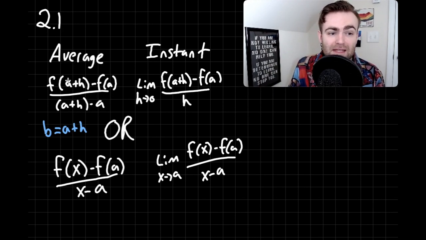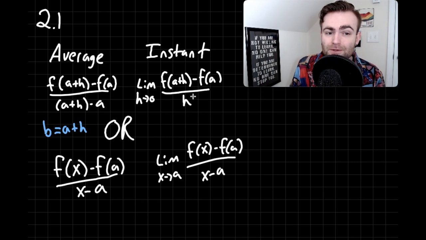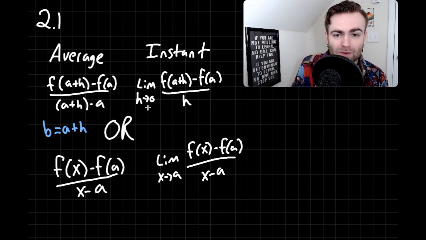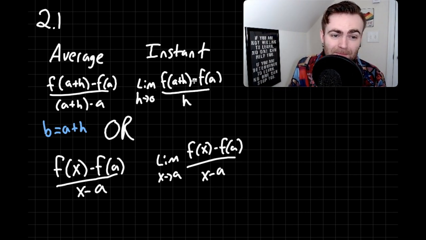You have the f of x1 minus f of x2 over x1 minus x2. Here is the same kind of approach. The difference is that H value, the difference between the A and the B, is approaching 0, is getting smaller and smaller and smaller, infinitesimally small. What happens is that the f of a plus h here and the f of a get really, really close.